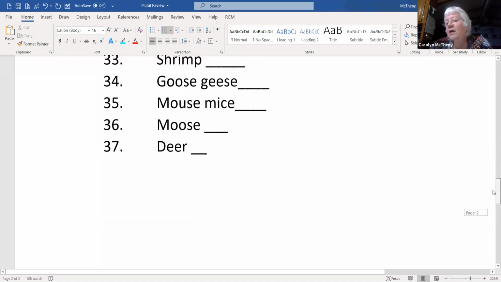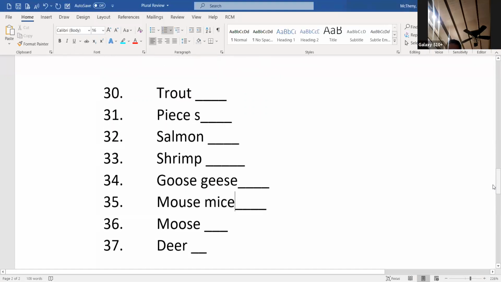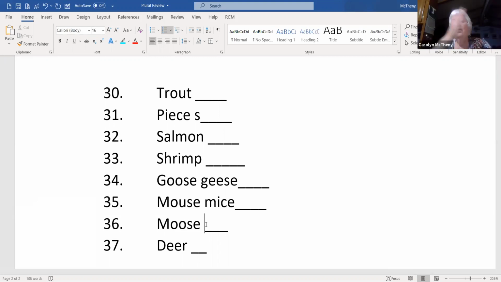Okay, now guess what? Another tricky word. Let's look at moose. Moose is singular and plural. It's not like goose where you'd have meese.